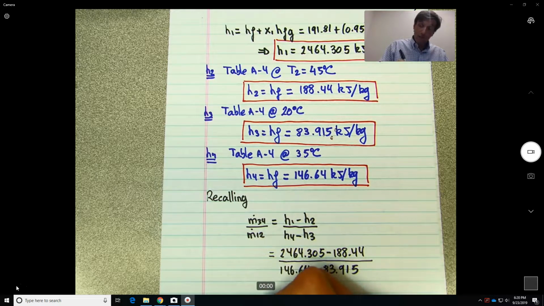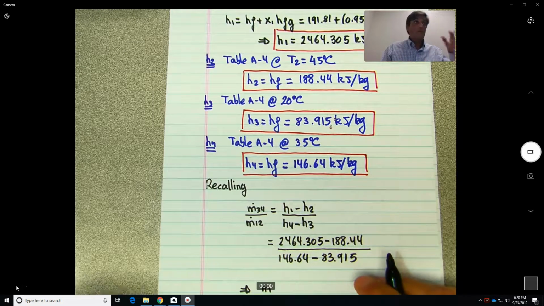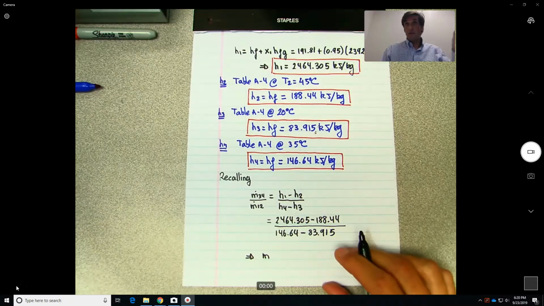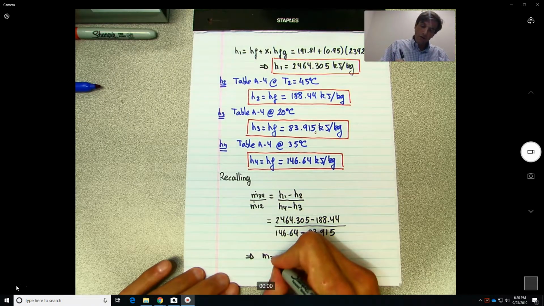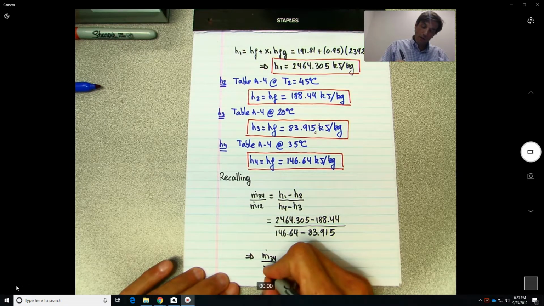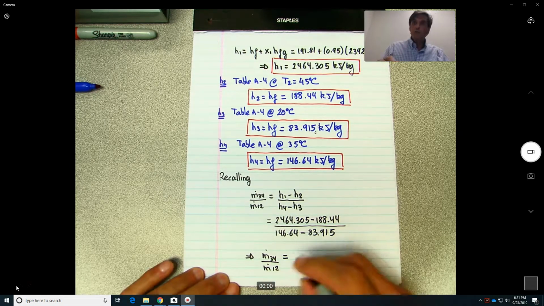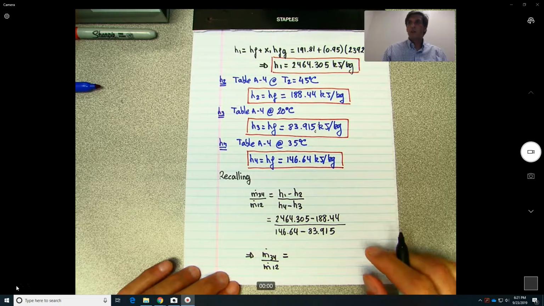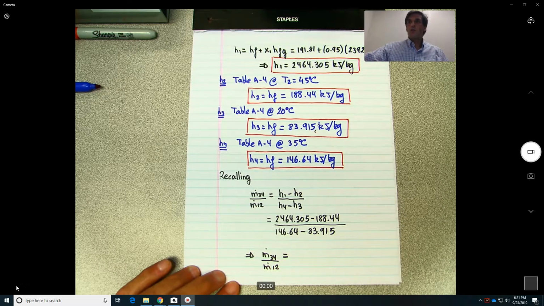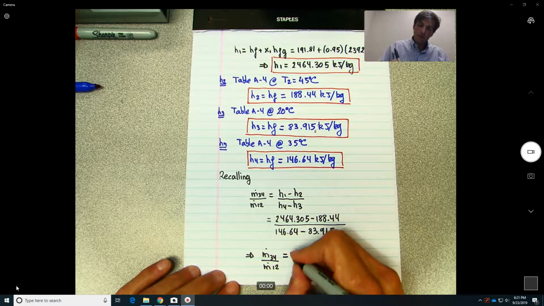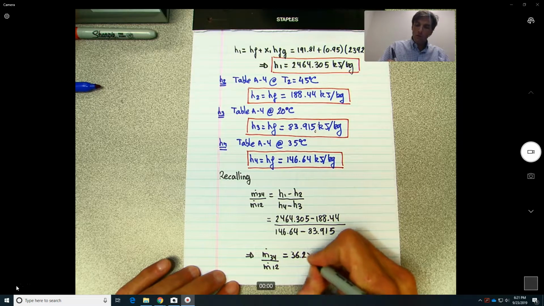We'll find that the ratio M34 over M12 to be equal to 36.28.